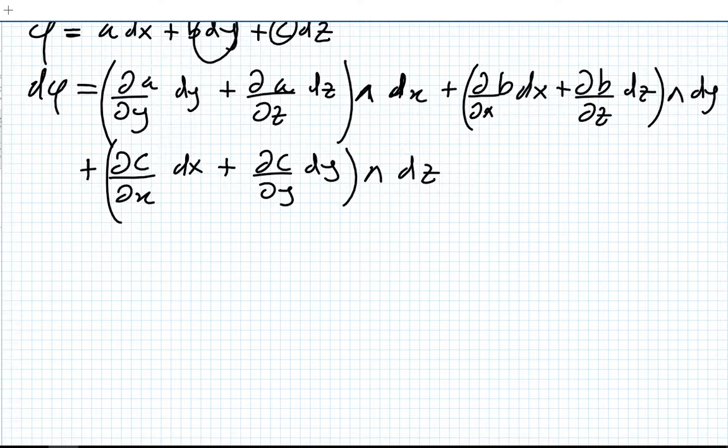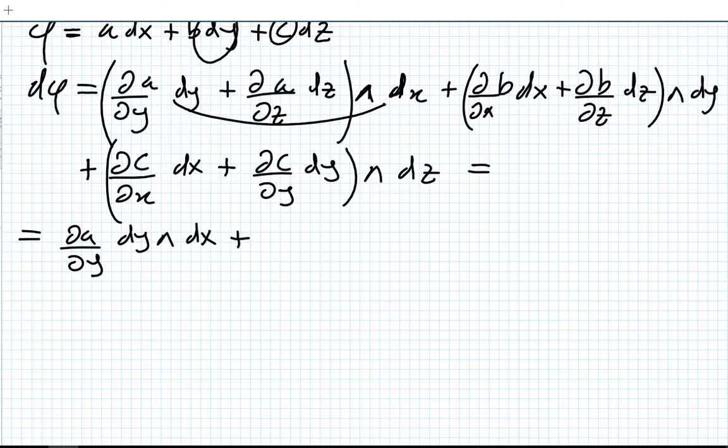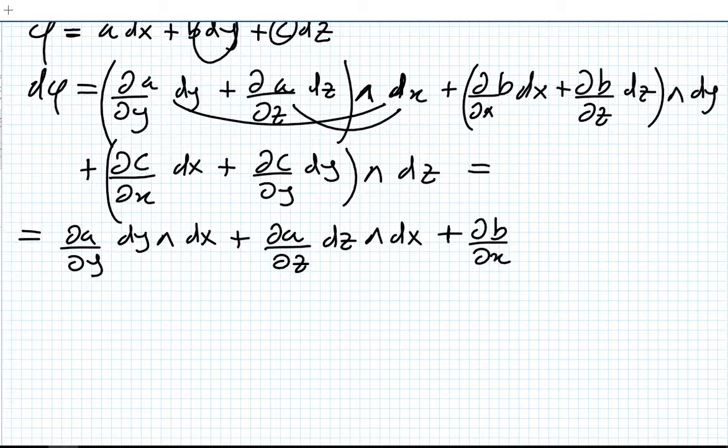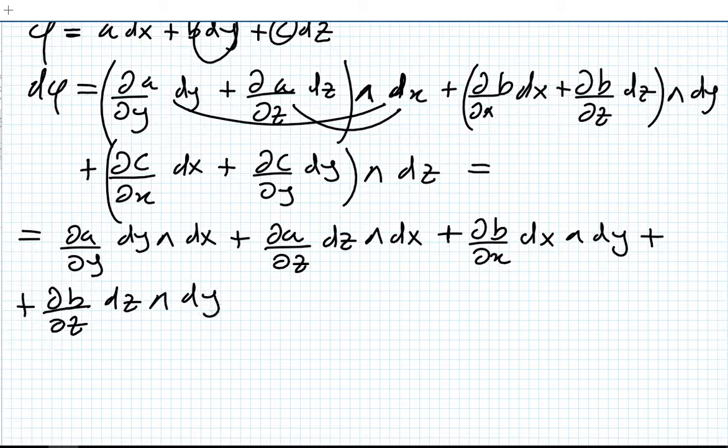So this is equal to dA/dy dy wedge dx, this one here, plus now this one, dA/dz dz wedge dx, plus dB/dx dx wedge dy, plus dB/dz dz wedge dy.